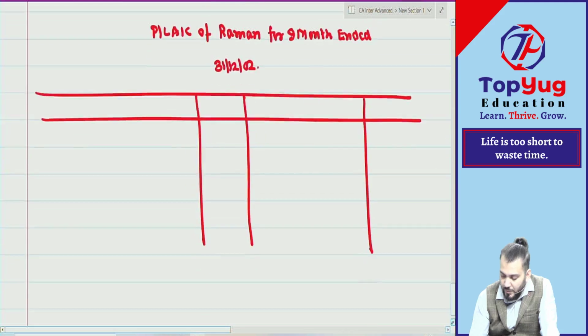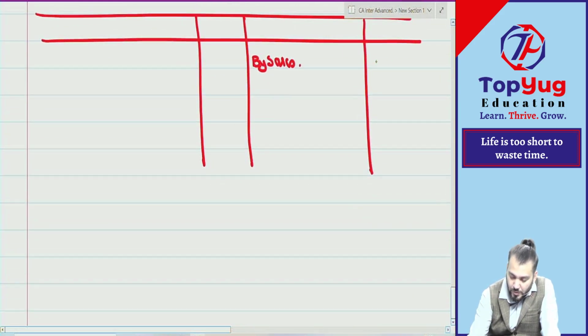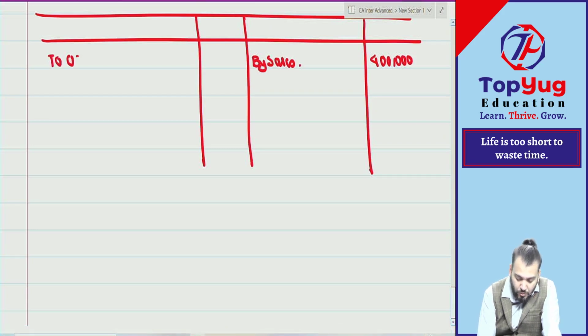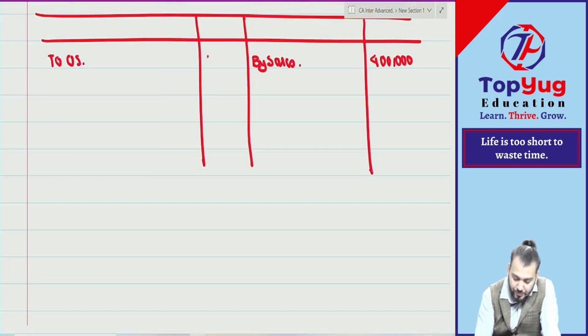Correct. Tell me, by sales how much? 4 lakh. To opening stock how much? In the trial balance. To purchase how much?